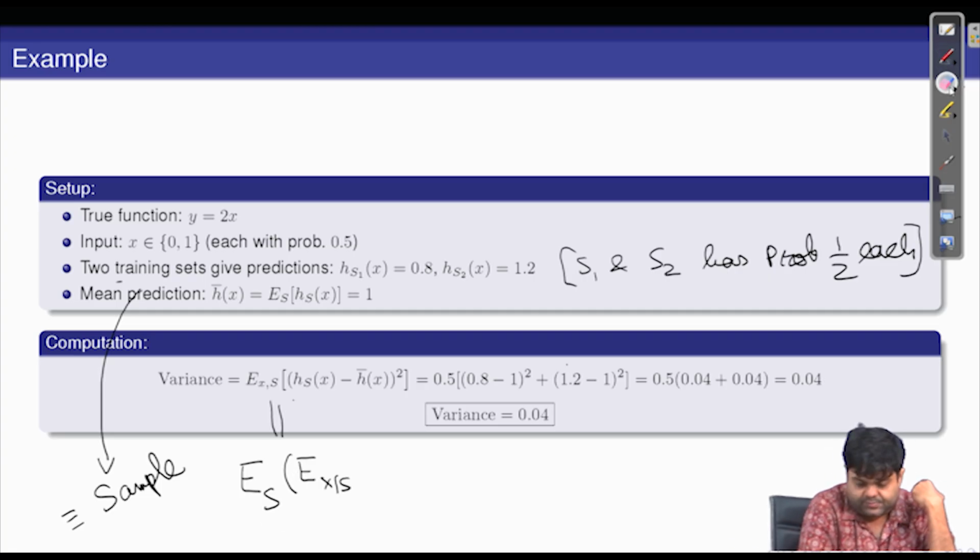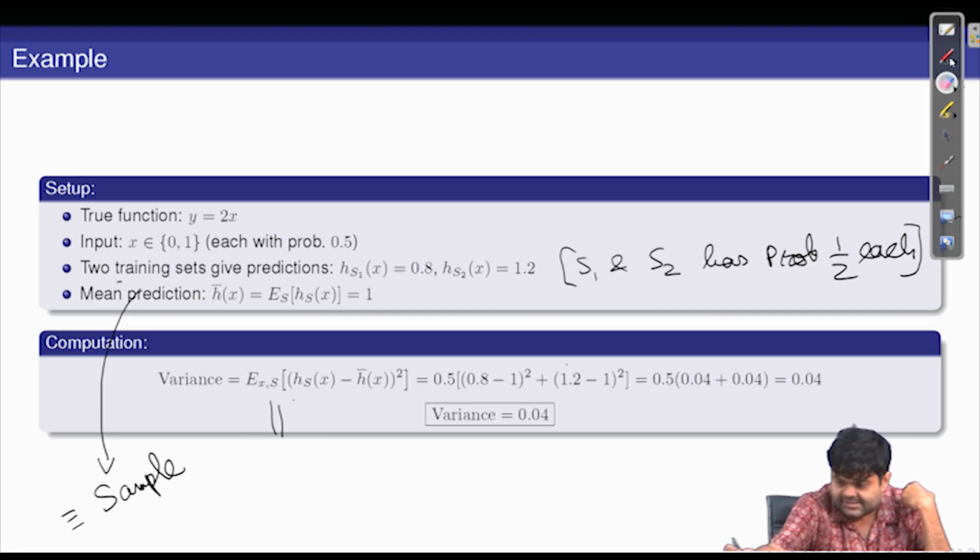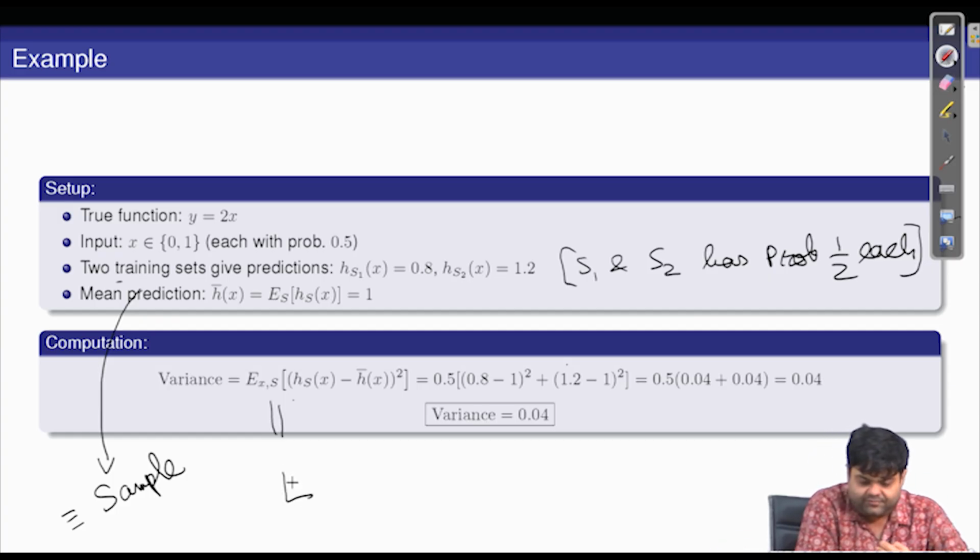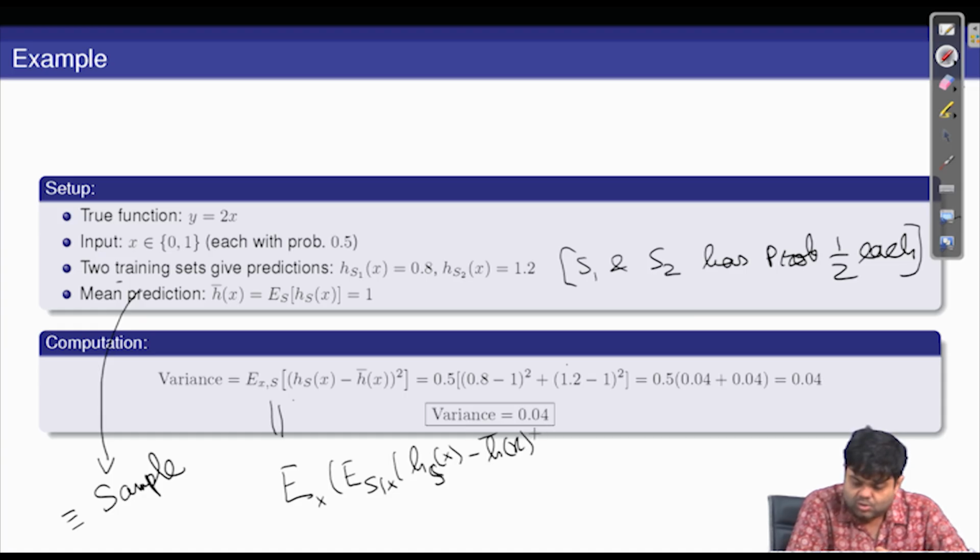Actually no, the reverse way: we will come to different x's later. Basically it does not change with various x's, the way we have chosen. So let's do it for all S given x: h_S(x) minus h bar x, whole squared.